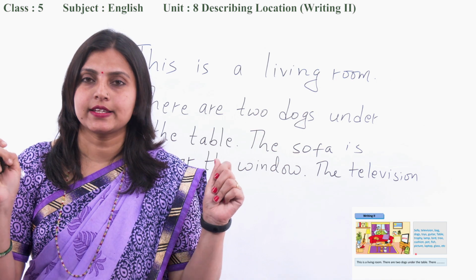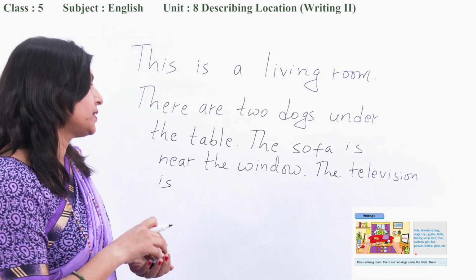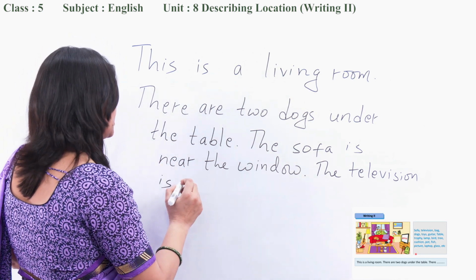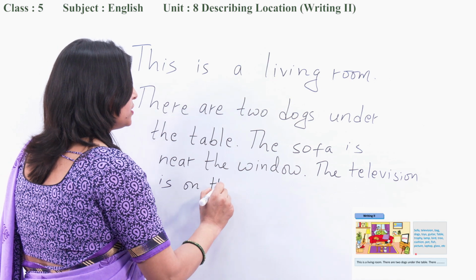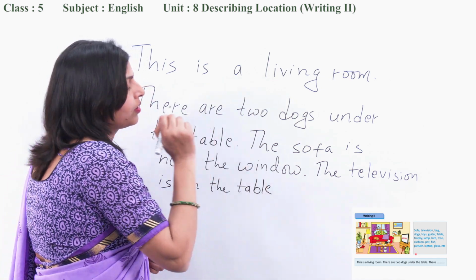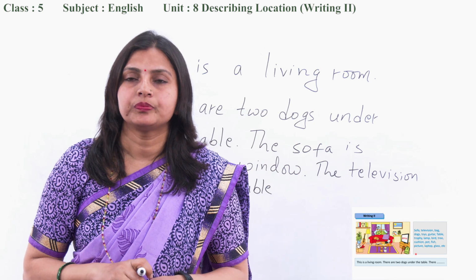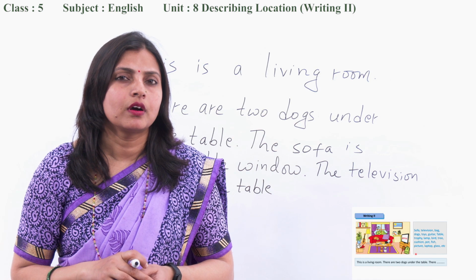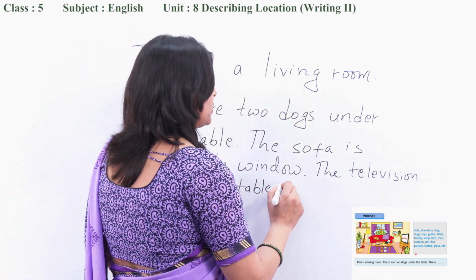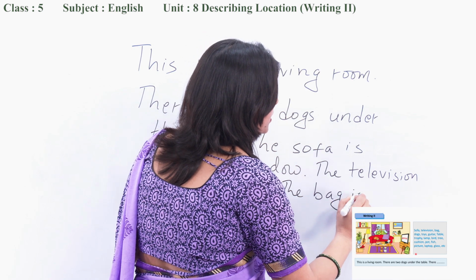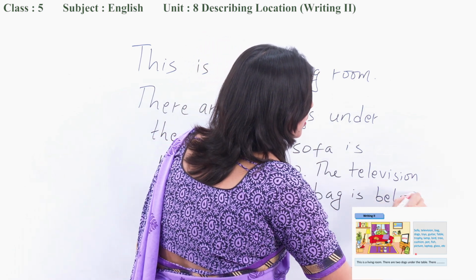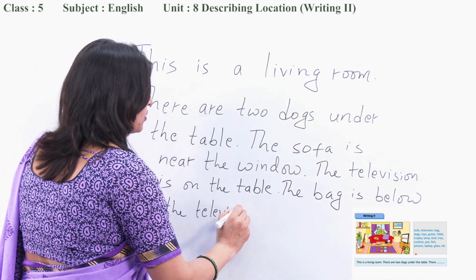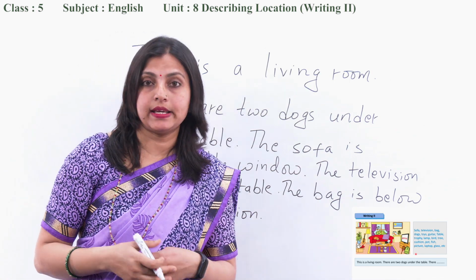There is a Netflix, yeah? Where is it? Yeah, it's on the table. That's not actual table, maybe the box. The television is on the table. Okay. Then after, what about bag? Can you see the bag over there? Good. The bag is below the television. Okay, the bag is below the television.